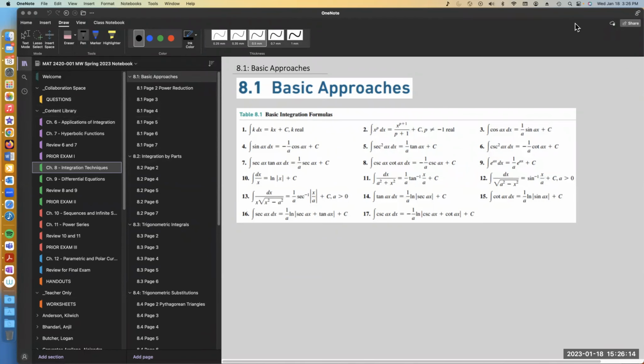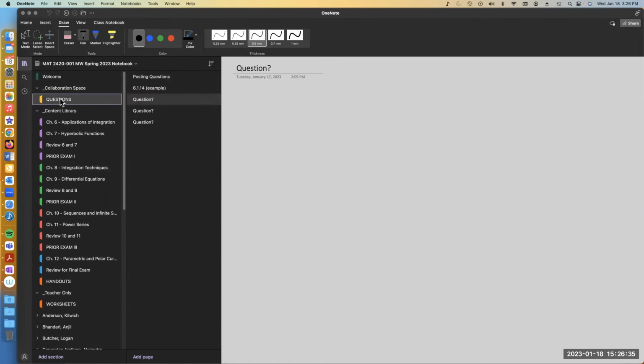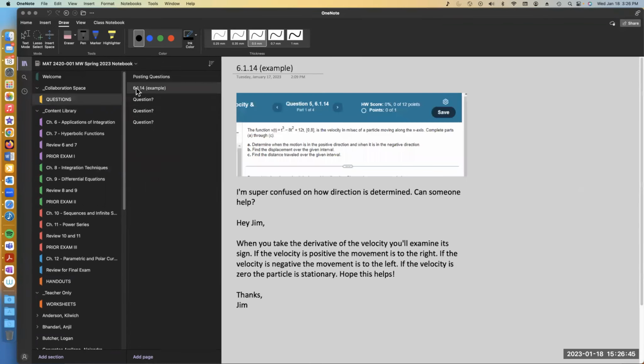All right, sounds good. So let's jump into OneNote again and let me point out some features of this. The main thing is that there are different spaces with different permissions. So this collaborative space, all of us have access to this collaborative space, me, you all. And what I'm going to try to do this semester, and I don't know if it'll work or not, there are three ways to ask me questions. In my math lab, there is a link that says ask my instructor.